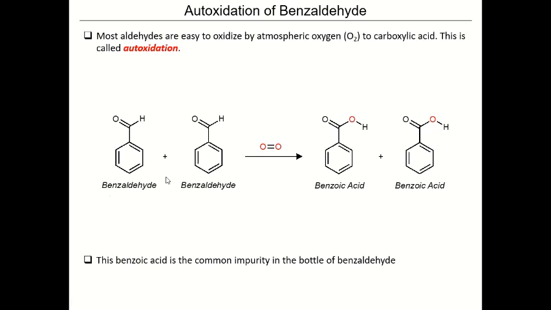As you can see here, two molecules of benzaldehyde can react easily with oxygen and give as a product benzoic acid. So that's why benzoic acid is a very common impurity in benzaldehyde. As a consequence, it's very important to know how to purify this specific compound.